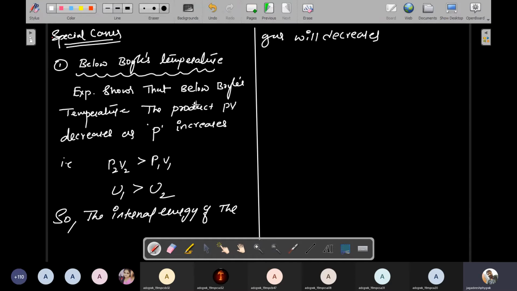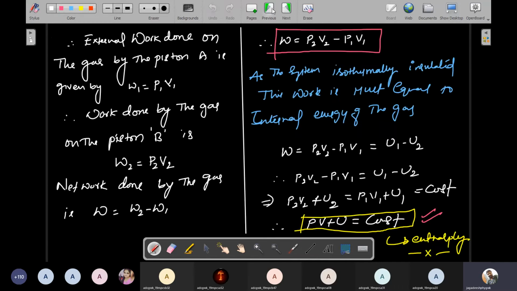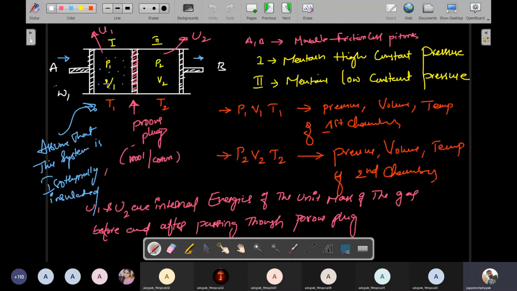But here we observe that the product PV decreases as P increases. In this diagram, the first chamber's internal energy is U1 and the second chamber's internal energy is U2, and the product PV is much greater in the first chamber. Why? Because it is maintained at constant high pressure, compared to this chamber, which is maintained at low constant pressure.